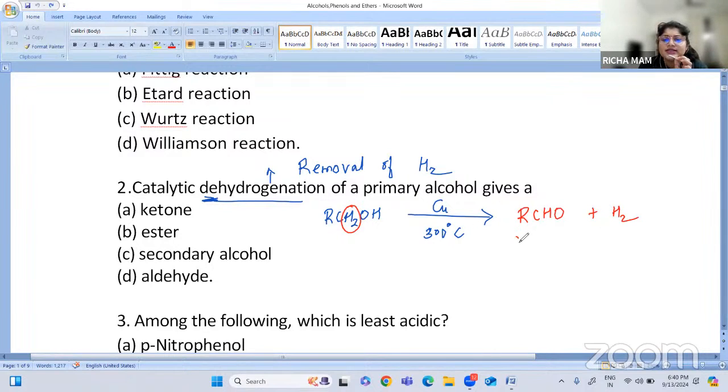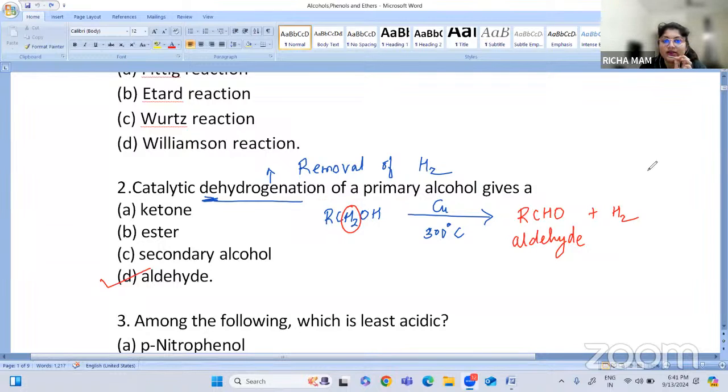This is an aldehyde. So catalytic dehydrogenation of a primary alcohol gives an aldehyde. D is the answer.